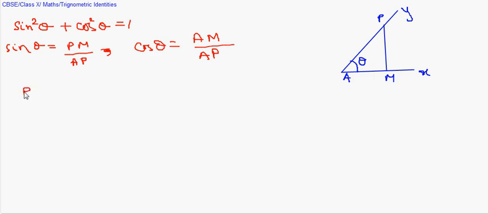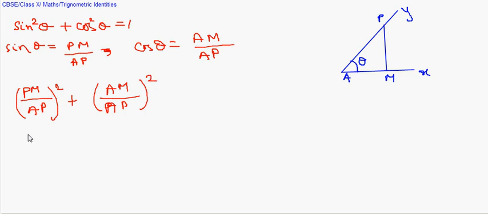It is PM by AP whole square plus AM by AP whole square. Or if I write it separately, the LHS part, it will be PM square by AP square plus AM square by AP square.